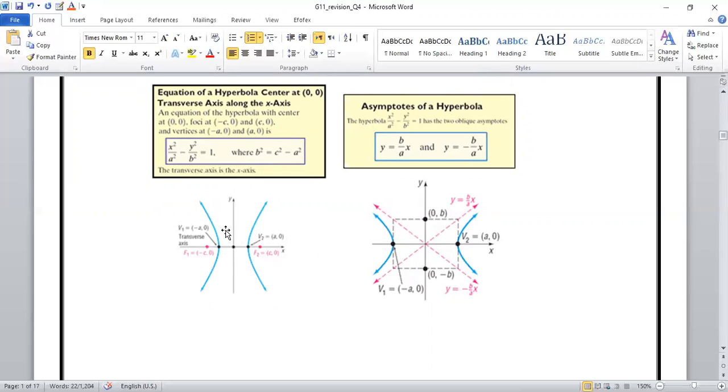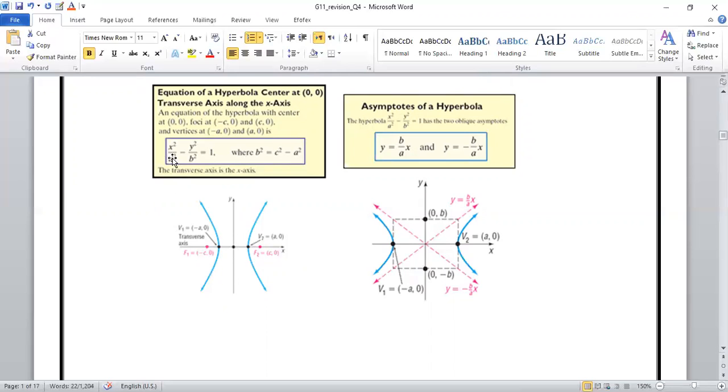Equation of hyperbola with center at 0, 0, at the origin, transverse axis along the x-axis. In the first case, the foci will be at positive or negative c and 0, and vertices at positive or negative a and 0.